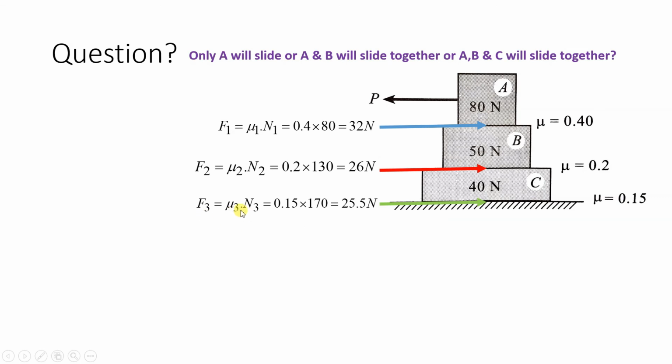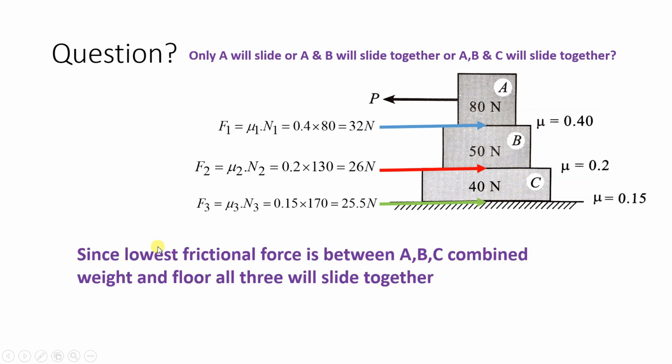So F3 is mu3 into N3, 0.15 into the total weight of ABC. It is 25.5 Newton. So if you consider all three bodies together, the opposing friction force over here is less. So the answer to this question is, all three bodies will move together on this surface. Since the lowest friction force is between the combined ABC weight and the floor, all three will slide together.